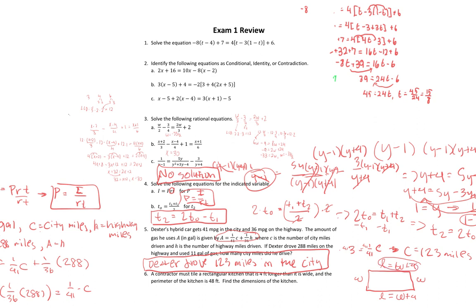The length is equal to W plus 4, which is 10 plus 4, or 14. So now we can say the kitchen is 14 feet by 10 feet.